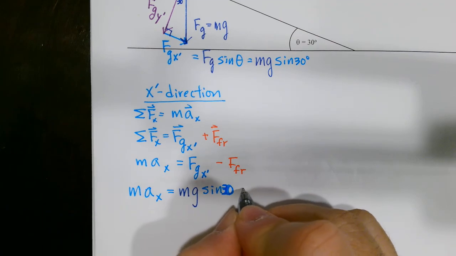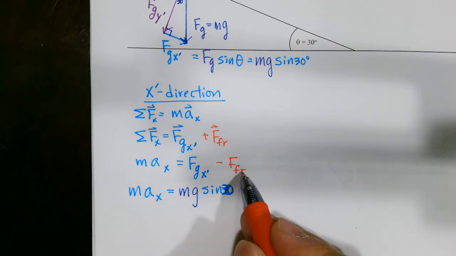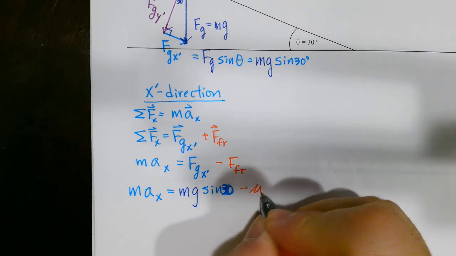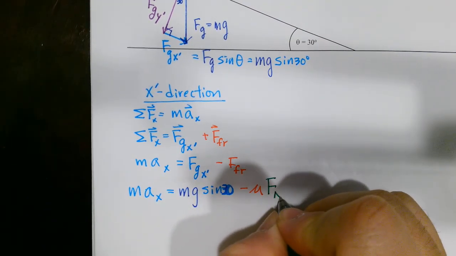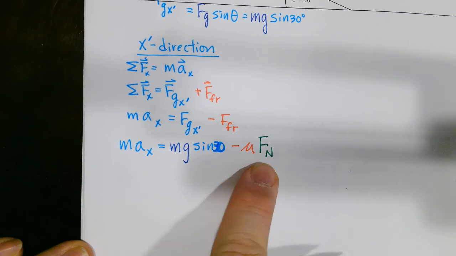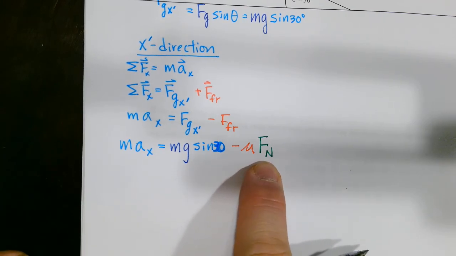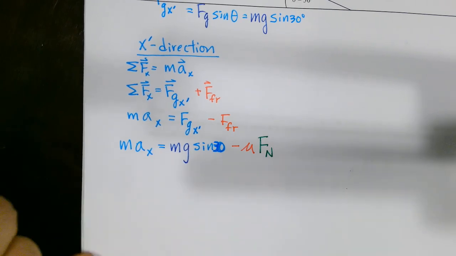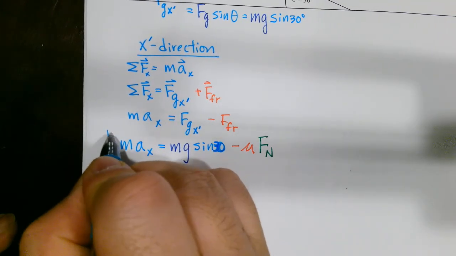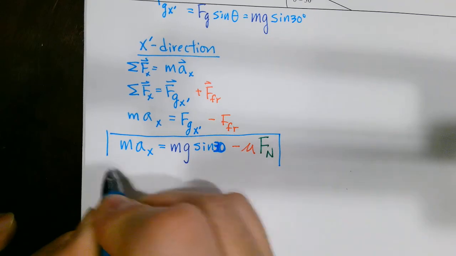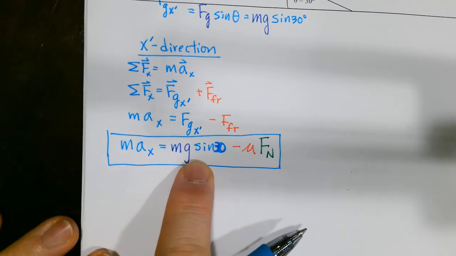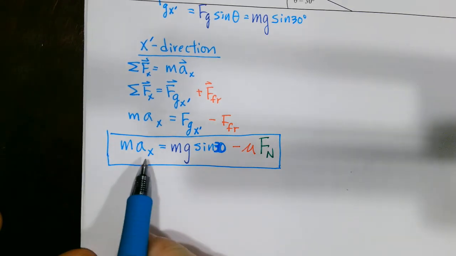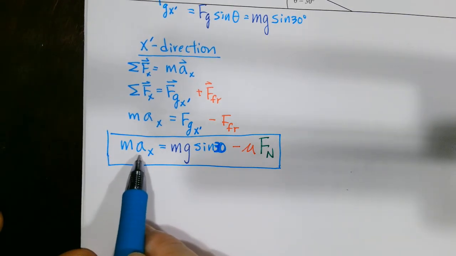Minus friction, which is mu times the F normal. We don't know what F normal is. So we have one equation here, and we have no idea what a x is.